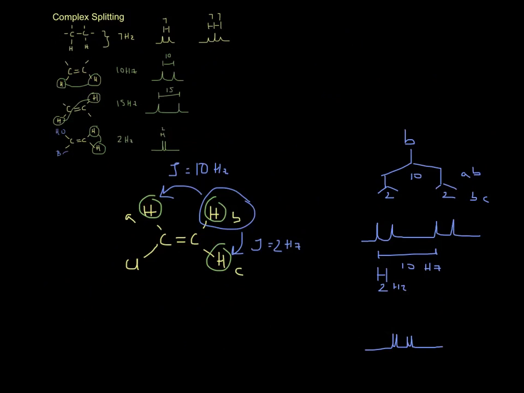It only happens when you have an alkene in the molecule. Alkynes never even come into effect because if you had an alkyne, so let's say CH3, C triple bond CH, this hydrogen is too far away from these hydrogens to get any splitting, so we would never even need to worry about it.